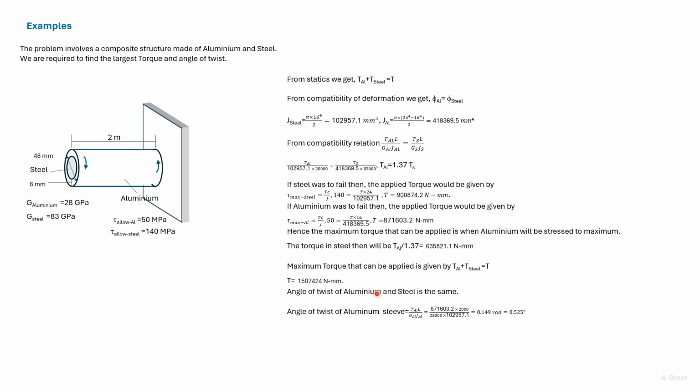Angle of twist can be found out using either aluminum or steel. Here we have used the aluminum case. So we have taken the torque in aluminum and we know length, G and J, and we find out the angle of twist first in radians and then in degrees.